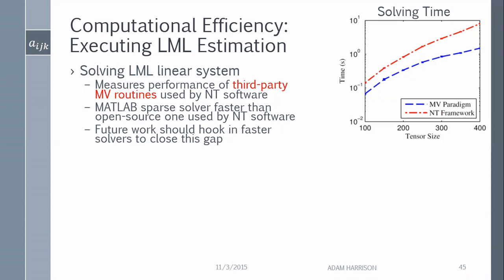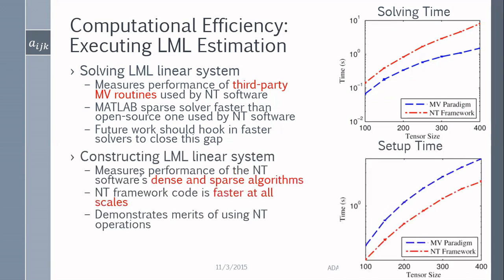In our approach, we used third-party routines through libnt. MATLAB's sparse solver turned out to be faster than the open source one we use. So beta here is lower because this is measuring time. The matrix vector paradigm outperformed it in solving the sparse system of linear equations.